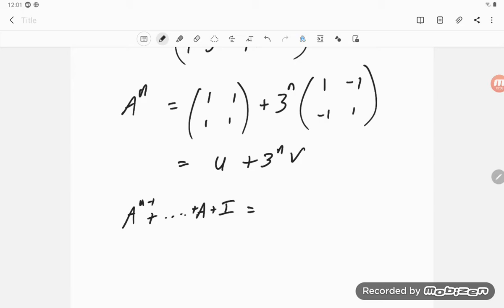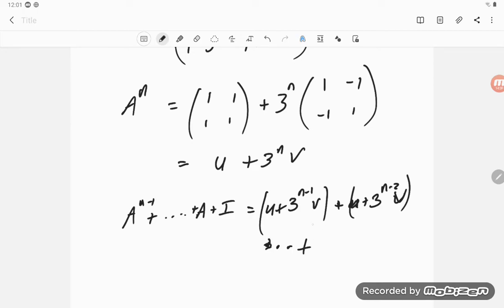So that means that A to the n minus 1 is u plus 3 to the n minus 1 v. And then A to the n minus 2, so we get plus u plus 3 to the n minus 2 v. And so on, dot, dot, dot, plus A, which we can just write as, let's see, can we write that as just u plus v?